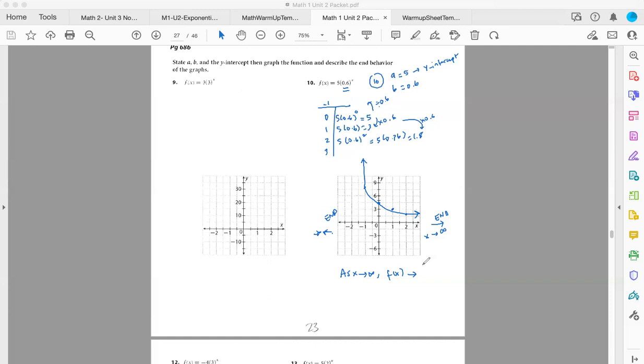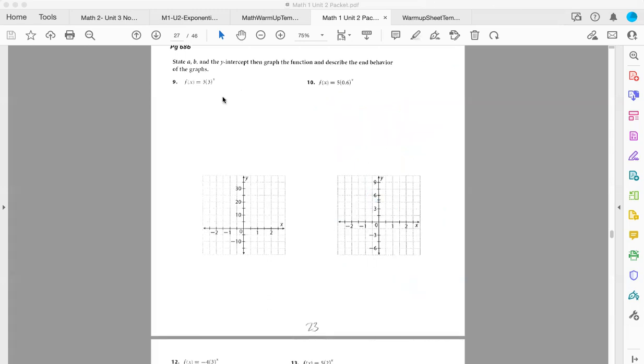So f of x is approaching 0, it's getting close to 0. And then as x goes to negative infinity, as x goes all the way left, the graph goes all the way up. f of x approaches infinity. And that's pretty much it for this part.